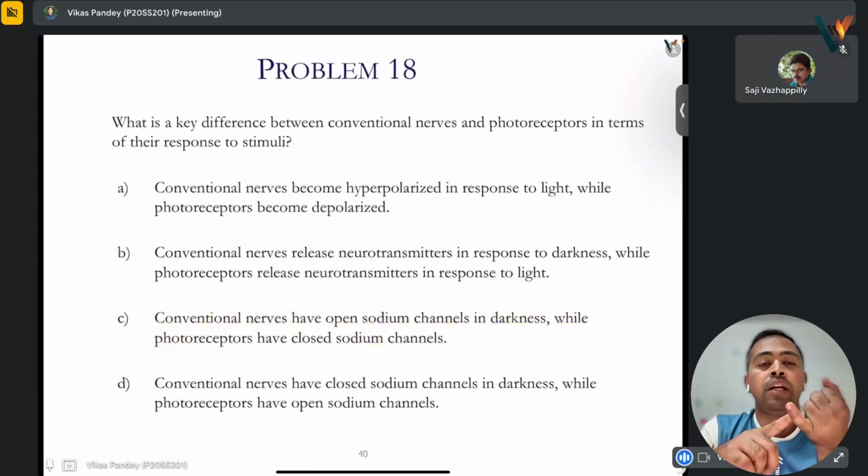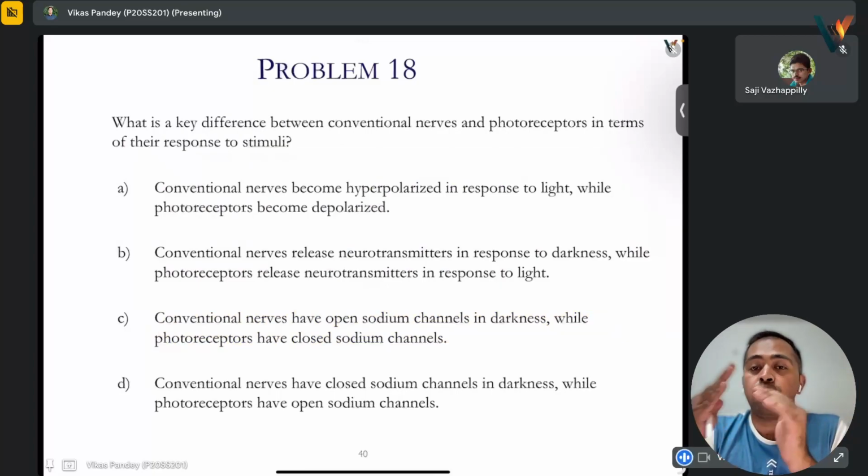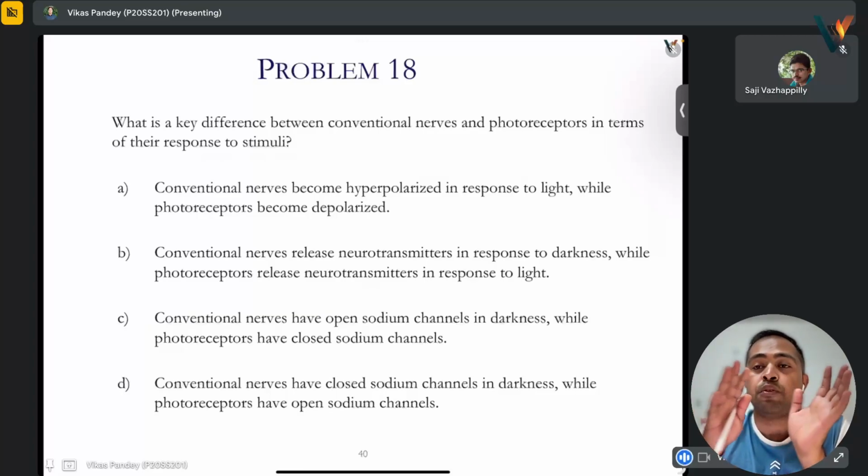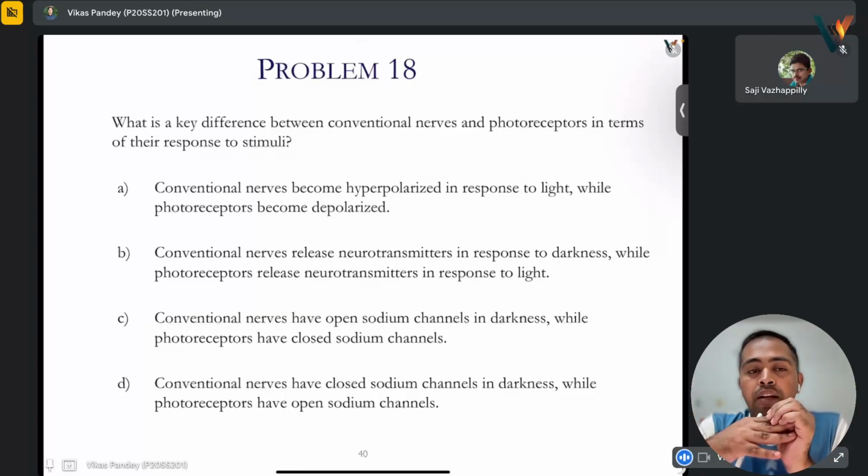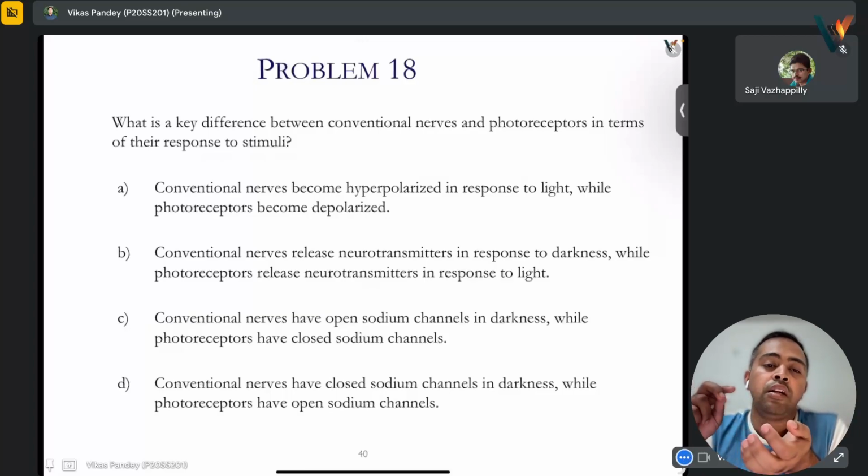Now next is: what is the key difference between conventional nerve and photoreceptor? We have learned about conventional nerves and photoreceptors in our eyes, in terms of their response to stimuli. Conventional nerves become hyperpolarized in response to light, while photoreceptors become depolarized.